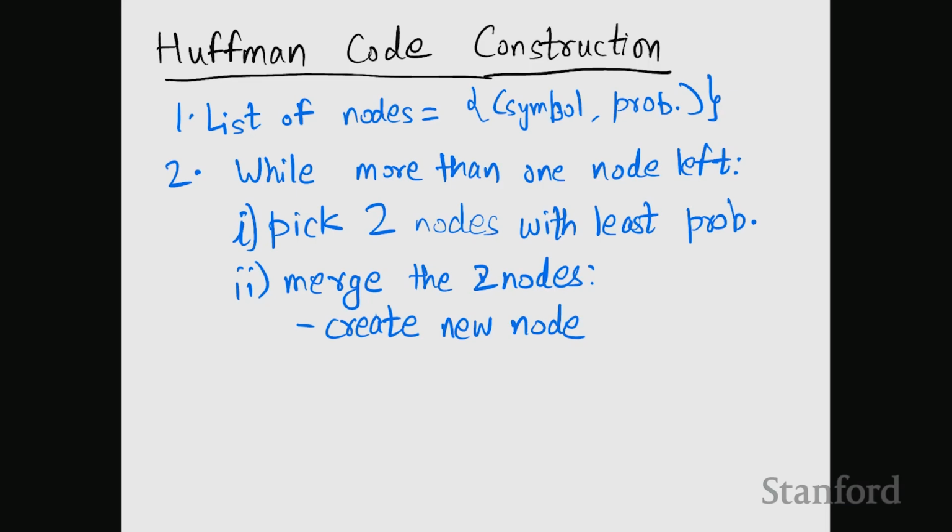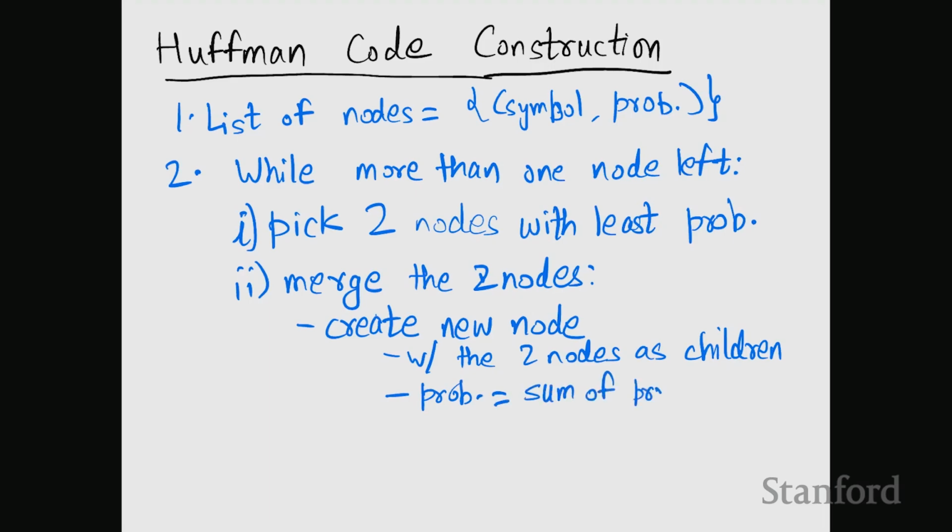Okay. So we create a new node with the two nodes as children. Probability equal to the sum of the probabilities of the children.